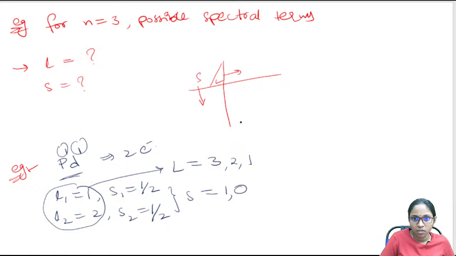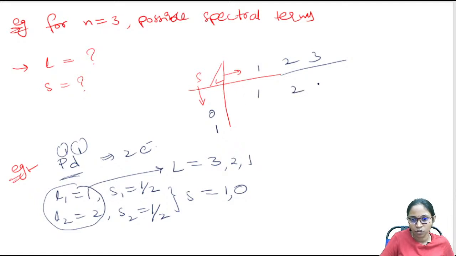Using this trick you will be able to find out the J values and the spectral terms. Okay, let's see. L values are 1, 2, 3 and S values are 0, 1. So here 0 plus 1 is 1 and 0 minus 1 is also 1.